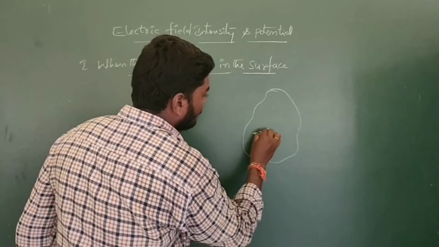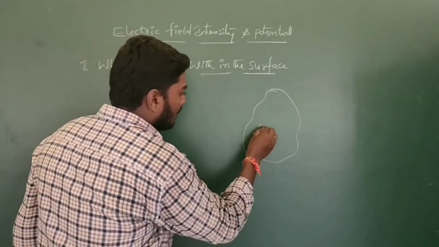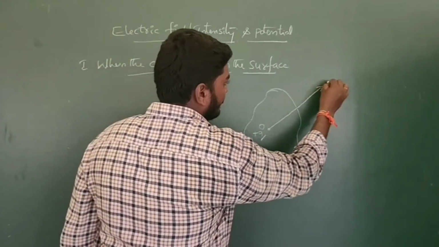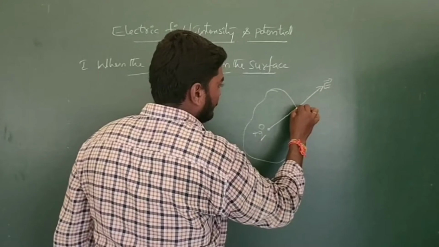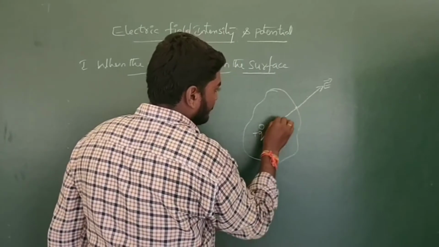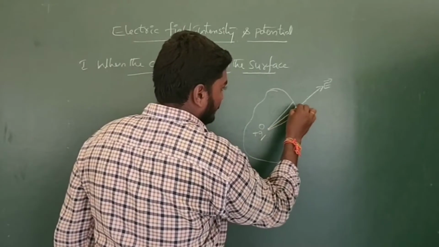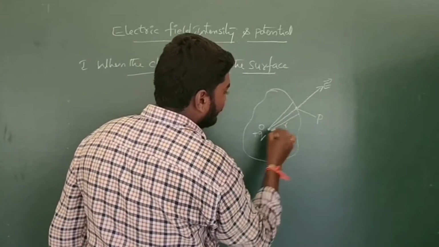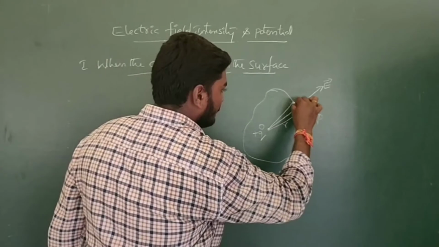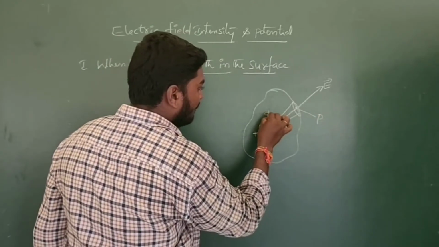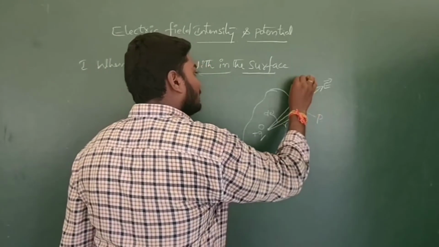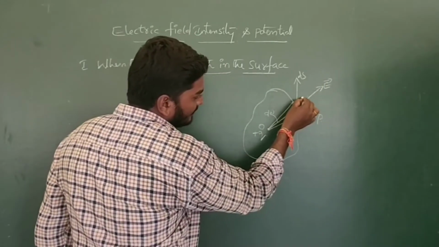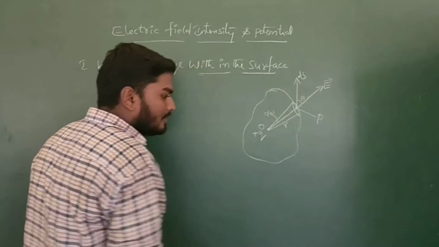Take a positive charge at point O, with electric field E. At a point P on the surface, at distance r from O, take a solid angle d omega and the surface normal ds, with some angle theta.